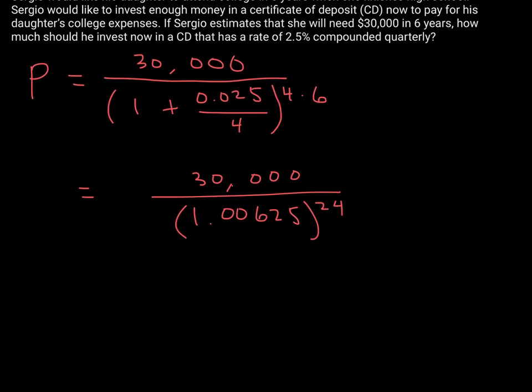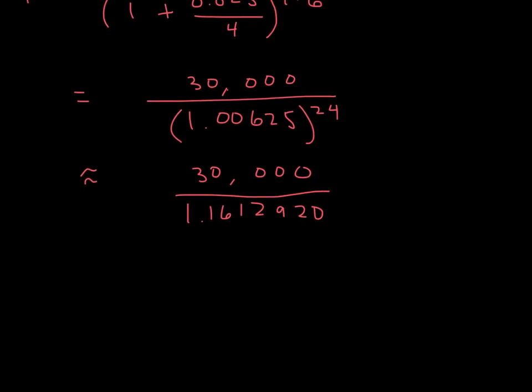Okay. So then this is equal to 30,000. Oh, I did it again. I'm sorry. I'm going to have to approximate at this point, because I'm going to have to round this number here. 1.00625 to the power of 24, I'm going to round it to 1.1612920 to give me a final value of approximately $25,833.30.